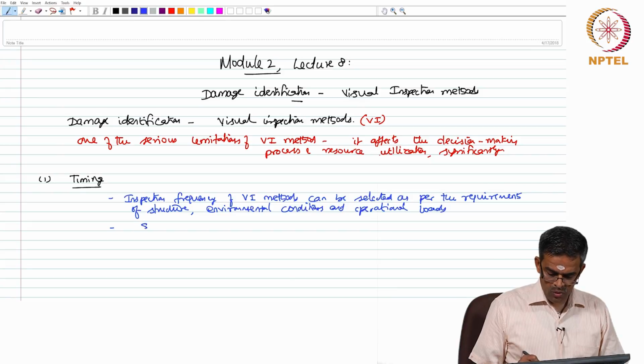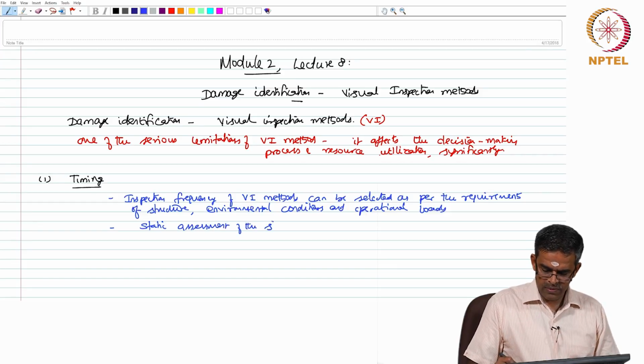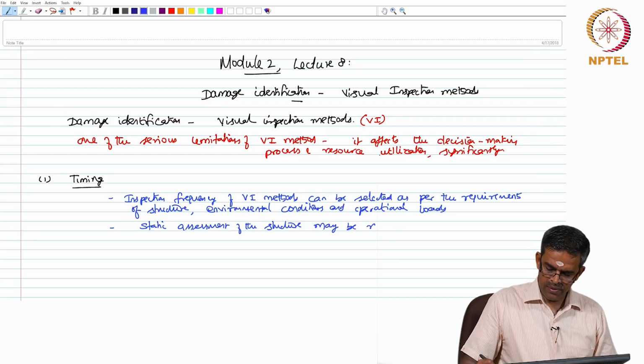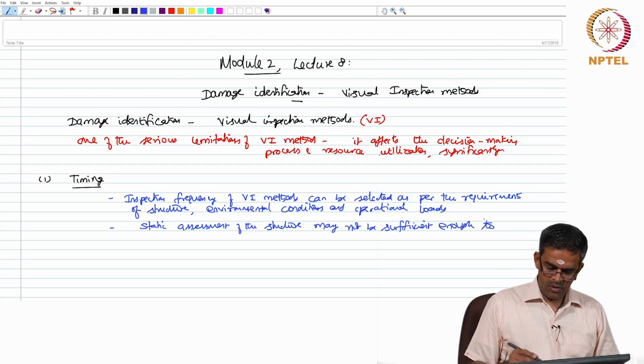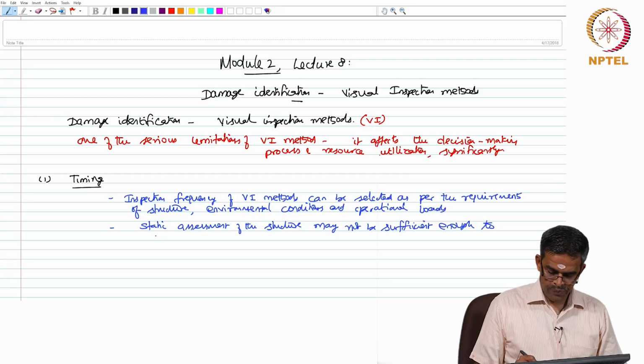It is important to note that the static assessment of the structure may not be sufficient enough to identify damages which are critical.